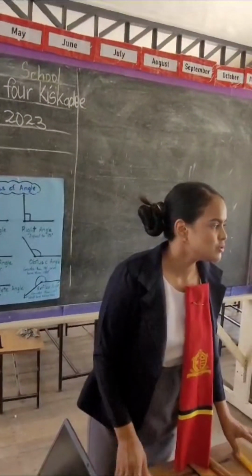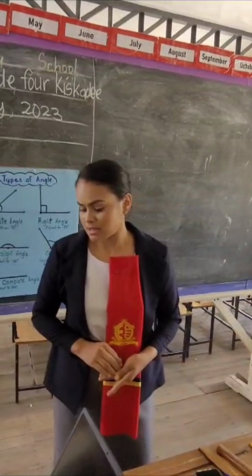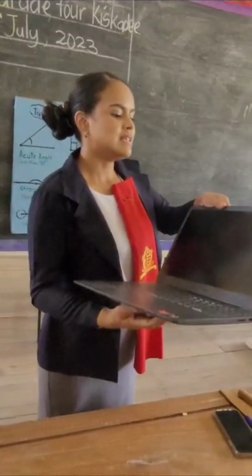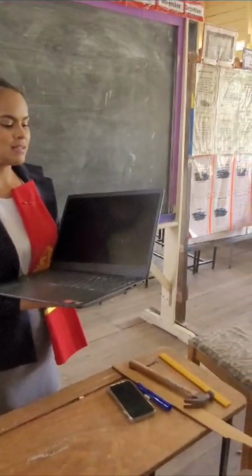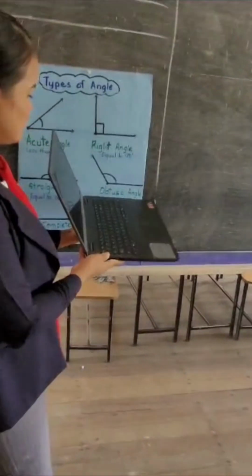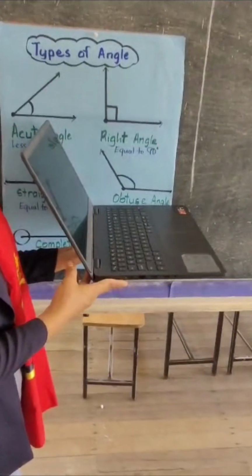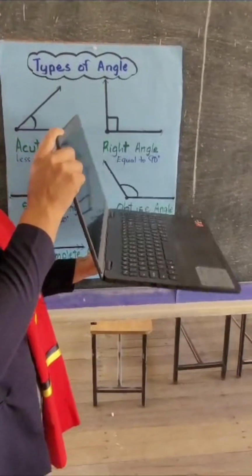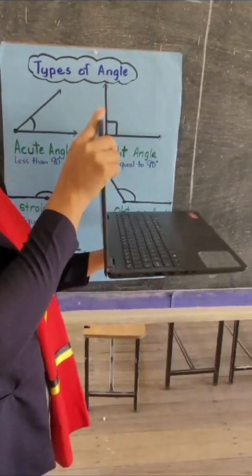I know you're new to this, so let me give an example. So look at this laptop here. Exactly. The laptop has the same shape as the obtuse angle. You see? It is not like this here. It could actually be a 90-degree angle too, you know.